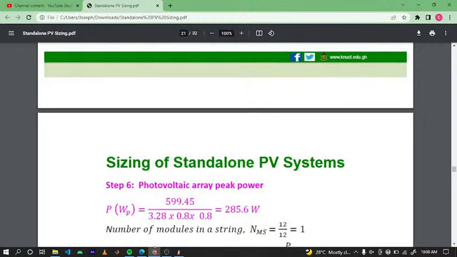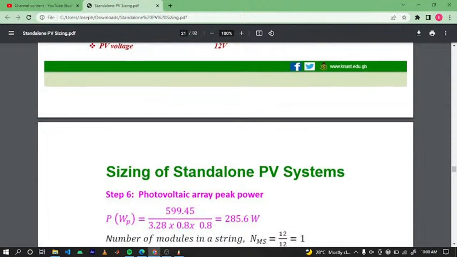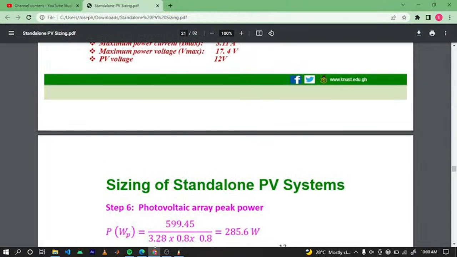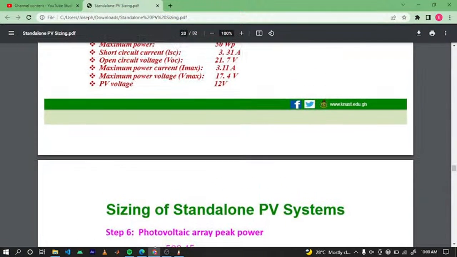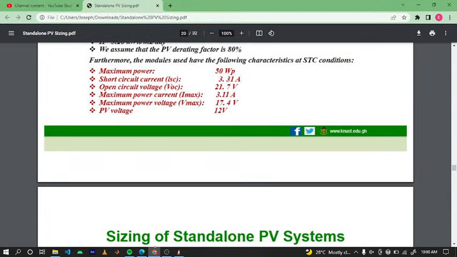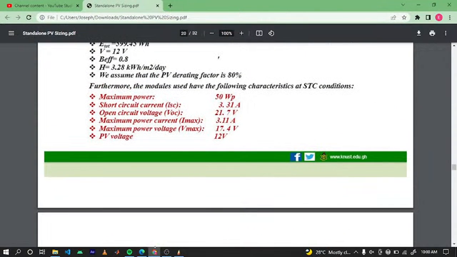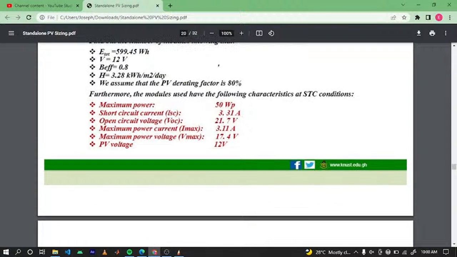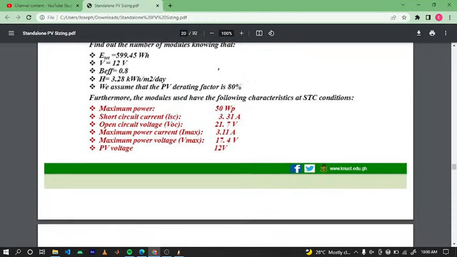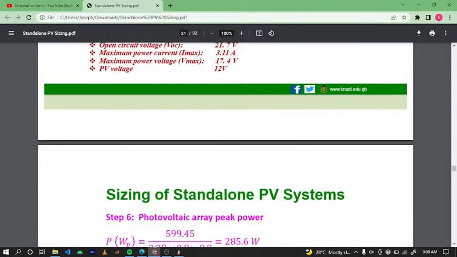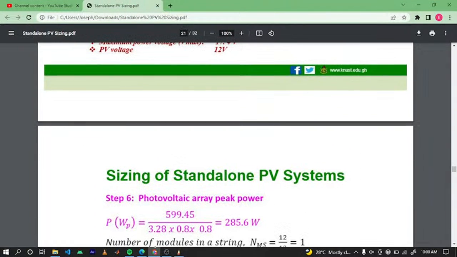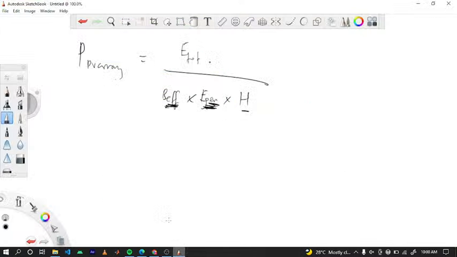And we must know how to connect the modules together. So we find the number of modules in the string, that is system voltage over module voltage. I'll get 1. Then we also find the number of strings in parallel.